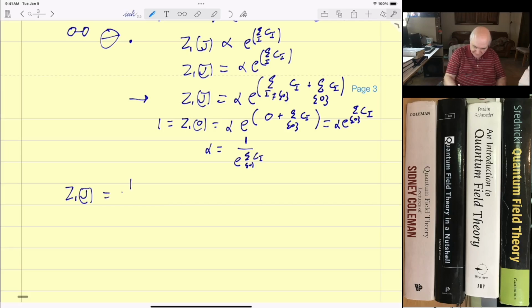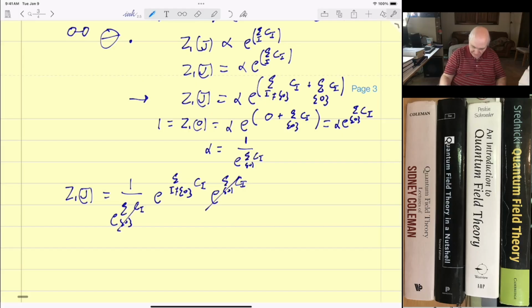We've already evaluated alpha: 1 over e to the sum over vacuum diagrams of CI, times e to the sum over non-vacuum diagrams of CI, and e to the A plus B is e to the A times e to the B. So now I have e to the sum over vacuum diagrams of CI, and these terms cancel here.